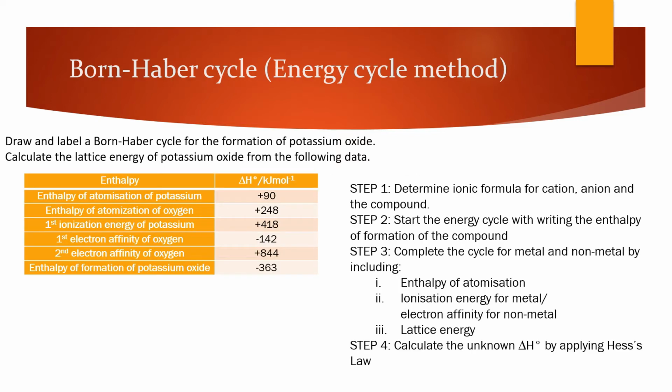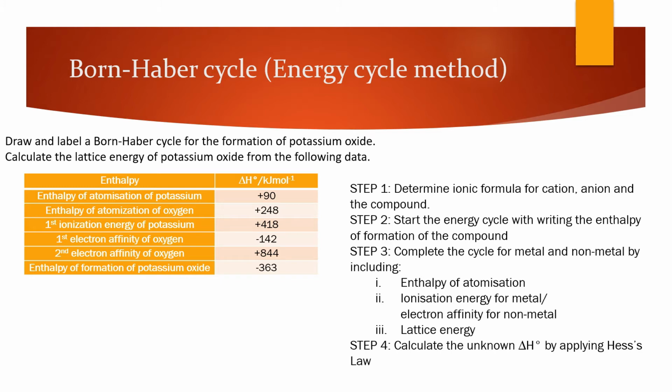To construct a Born-Haber cycle using the energy cycle method, there are 4 steps to follow. Step number 1 is to determine the ionic formula for the cation, anion, and also the compound. Step number 2, you start the energy cycle by first writing the enthalpy of formation for the compound.